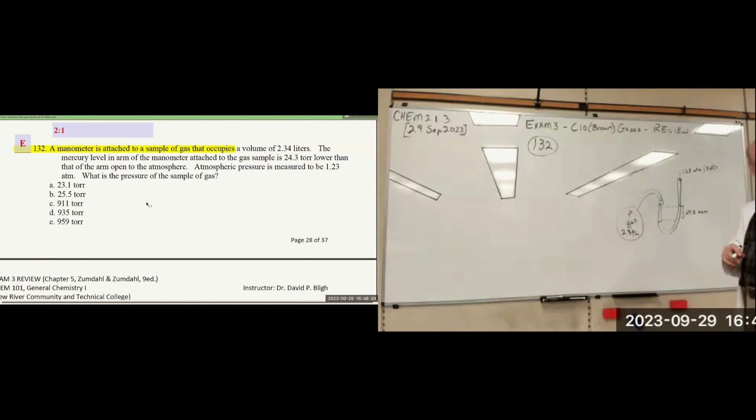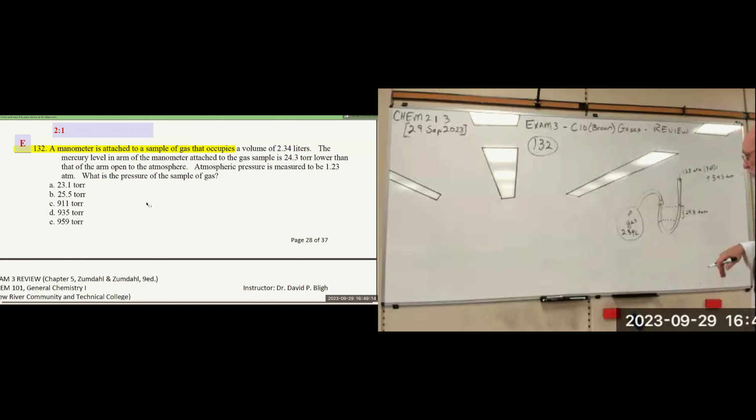Let's go ahead and calculate it. Yep, 935.4. That's bearing down here.